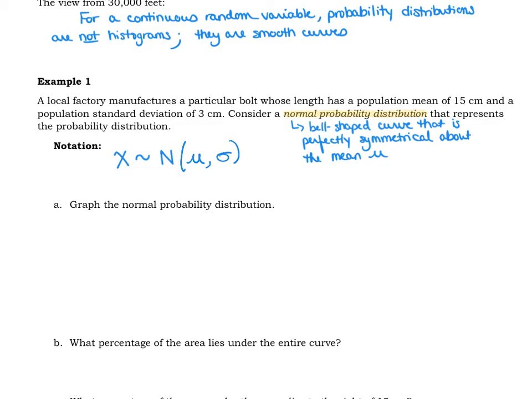In this example, we would write this as x: the length of the bolt is normally distributed with a mean of 15 centimeters and a standard deviation of 3 centimeters. That's how you would describe that distribution in a fairly simple and concise manner.